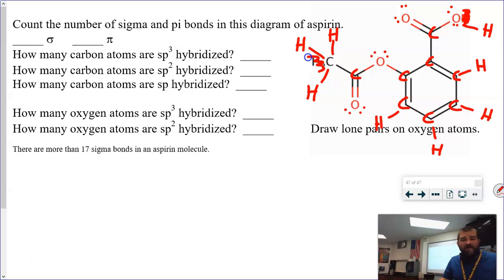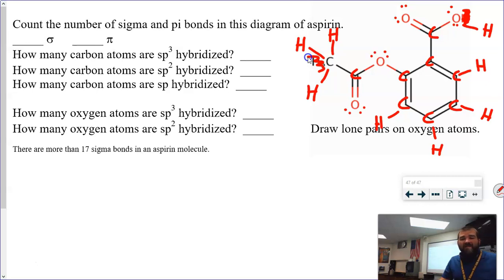So all I'm asking you to do is count. How many sigma bonds are there between all of the atoms in this molecule? How many pi bonds are in this molecule? The second bond between any two atoms is always pi.